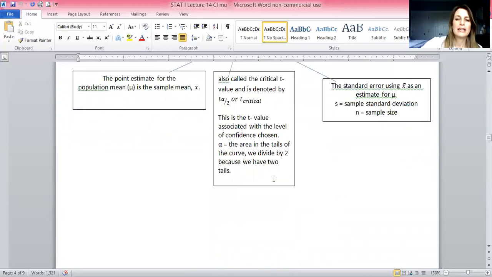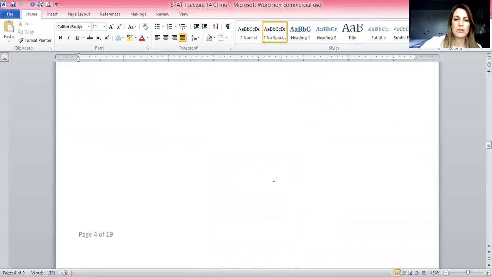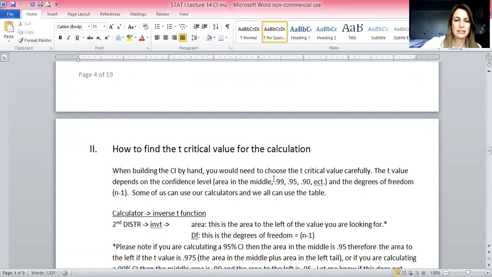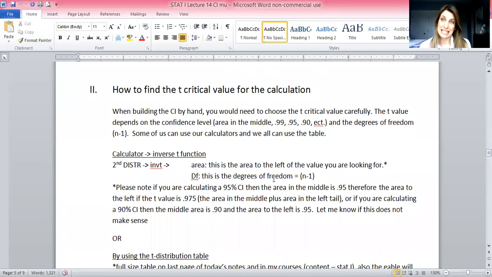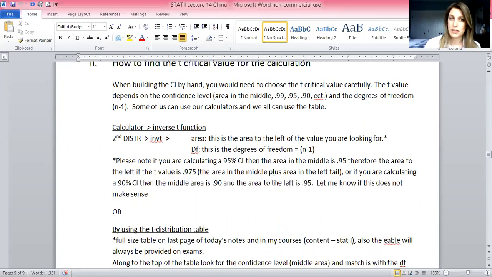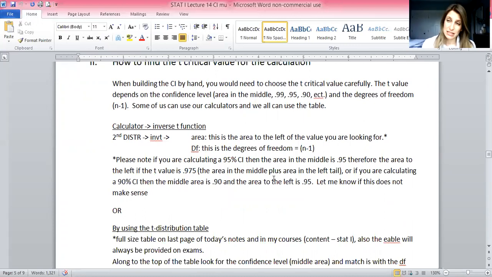Okay, so I can do this calculation by hand, or I can use my calculator. But first of all, I need to know how to find that T critical value before I can do it by hand, right? So if I'm getting my T critical value, I have two different ways to find this as well. Some of us can use our calculators, and it just depends if we have the function on our calculator. Some of us do, and some of us don't.